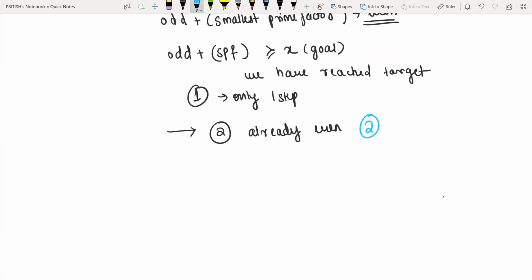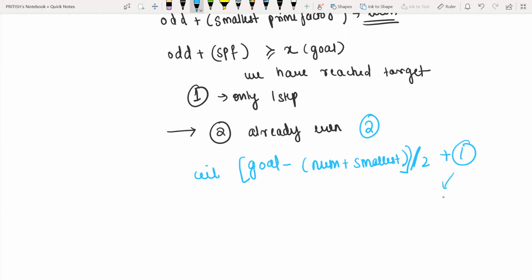And if it is 2, then what would be the answer? Let it be goal. It would be goal minus number plus smallest prime factor, divided by 2, is a ceil, plus 1.